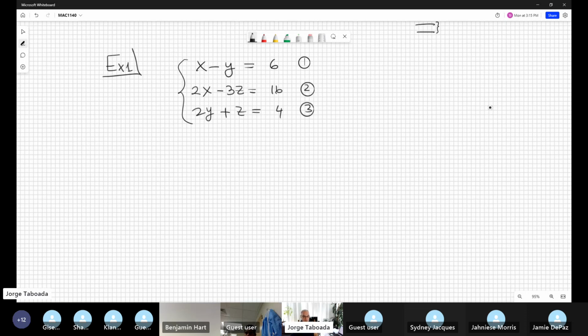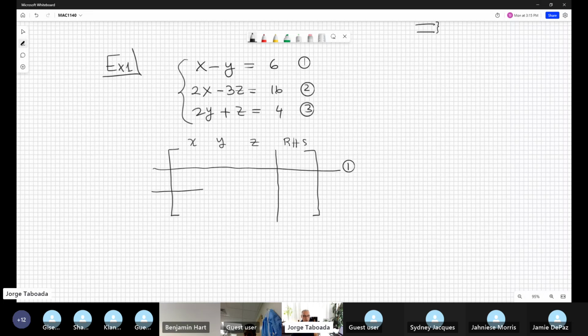Okay, now write the augmented matrix that we're using to solve this. Remember, the format is clear. You open the square bracket. For example, one column for the x, one column for the y, one column for the z. I separate, this is just a style, by the vertical line, because this is the right-hand side number. And horizontally, you have equation 1, equation 2, and equation 3.